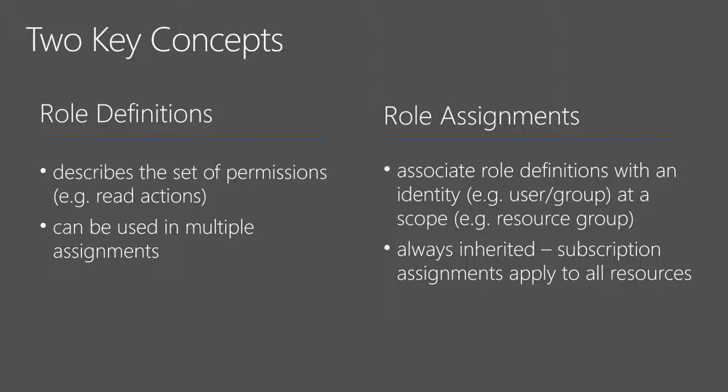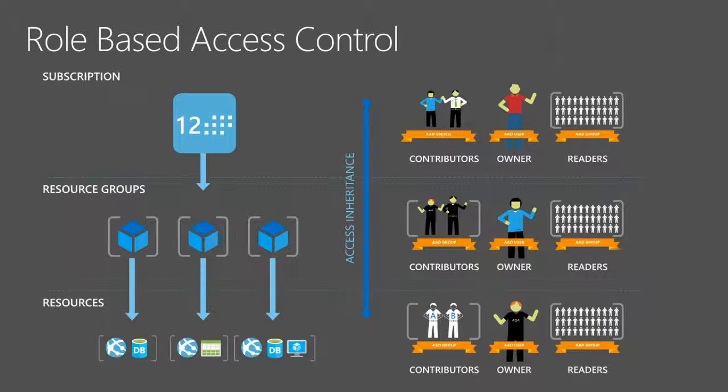What this means is if I grant someone a given set of permissions at subscription scope, it's inherited down to the resource group scope and inherited down to the resource scope inside of that. So to visualize this, at the top, at subscription level, I can define a set of contributors, owners, and readers.